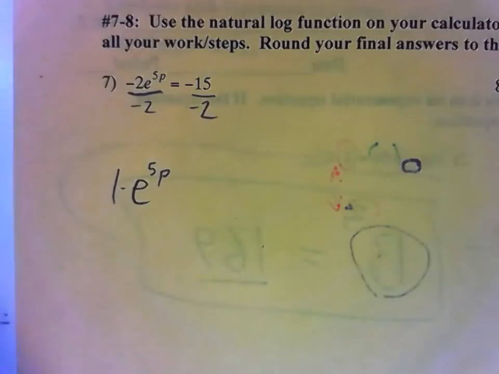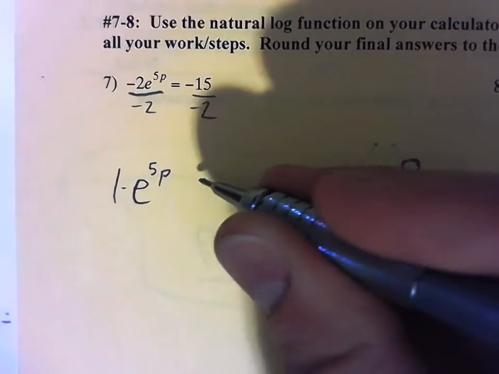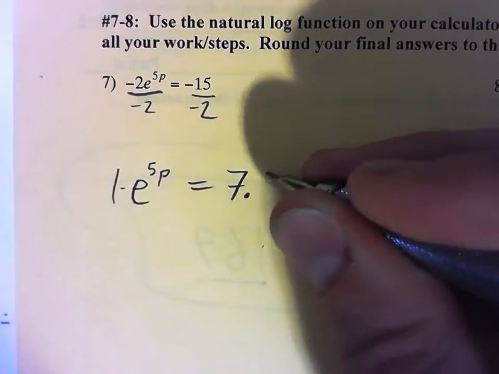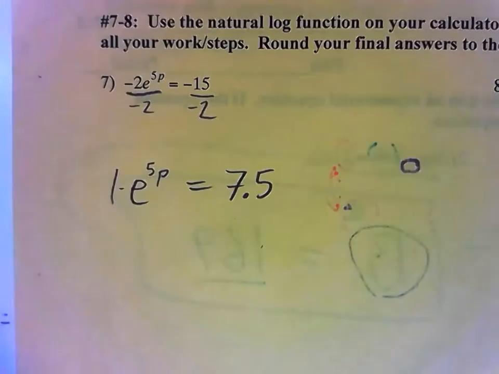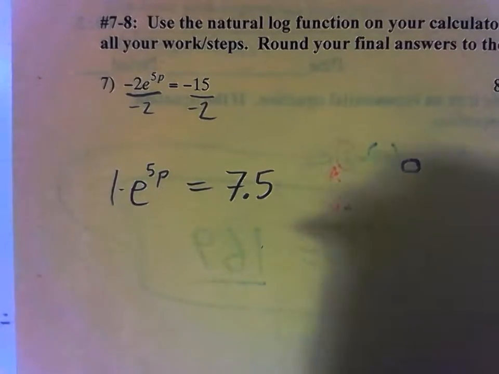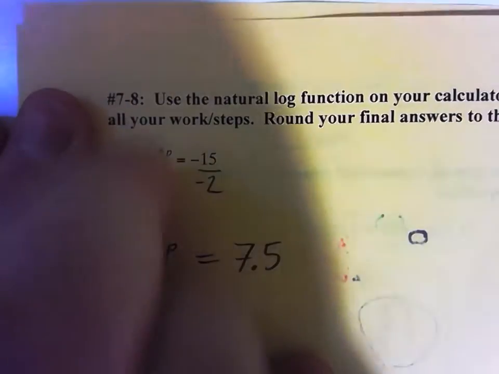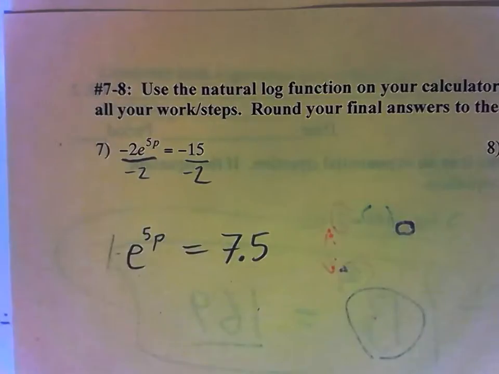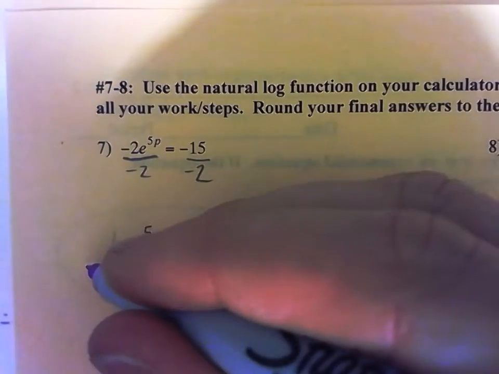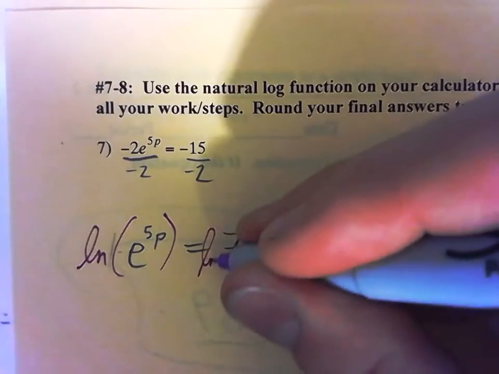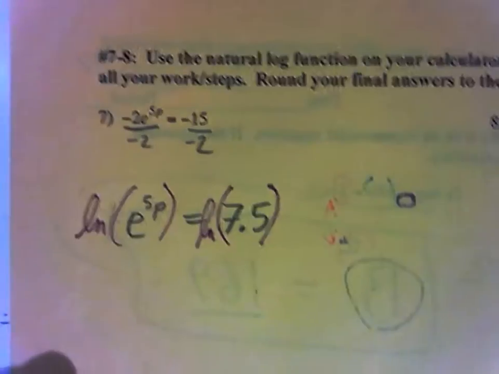So 1 times 5 e to the 5p equals 15 divided by 2, which is 7.5, or you could just leave it as 15 over 2, either way. Okay, now I'm going to get rid of the e to the power of something by doing the inverse operation. Log base e.